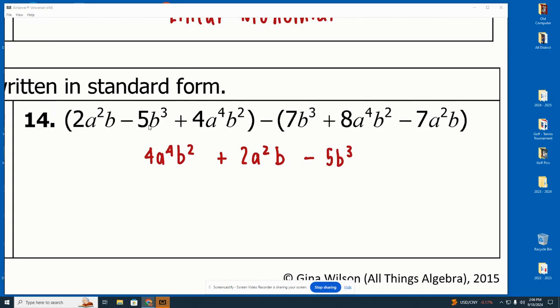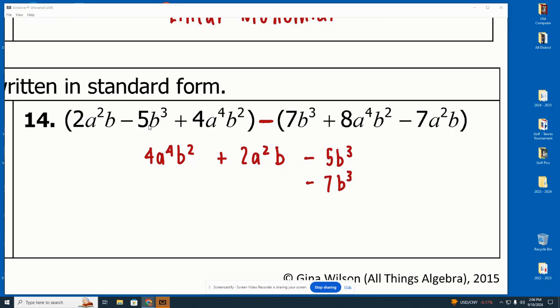Now, again, just like we mentioned, this is also subtraction, so we're combining like terms, but because that's subtraction, these signs to the right all have to change. So 7b cubed becomes negative 7b cubed, and I'm clearly dropping it below the negative 5b cubed.